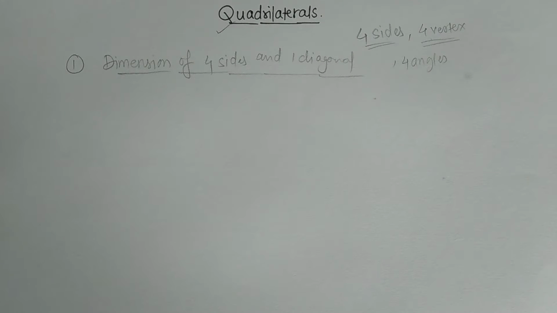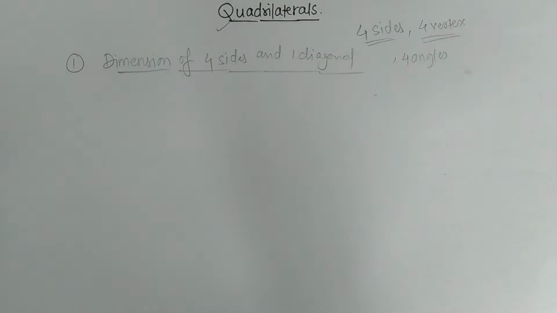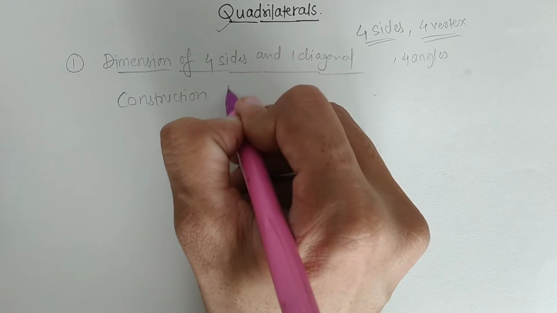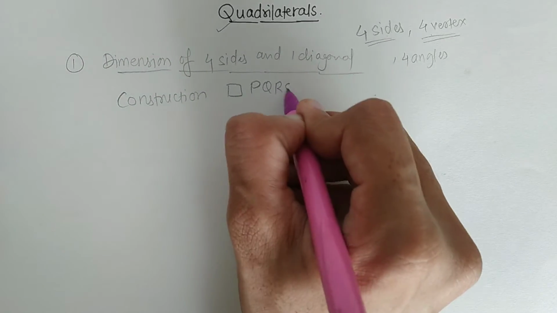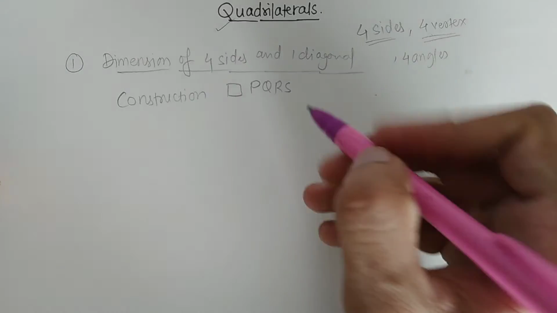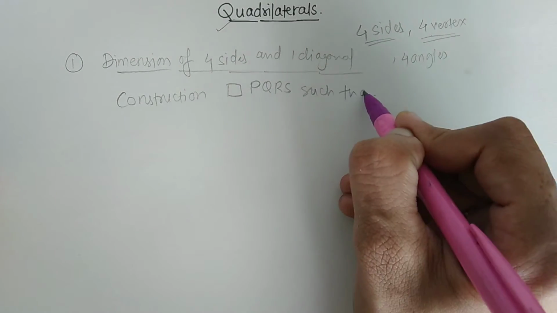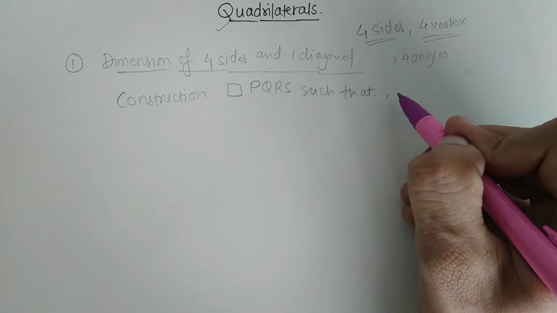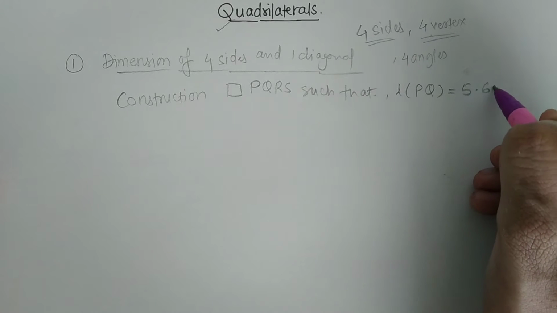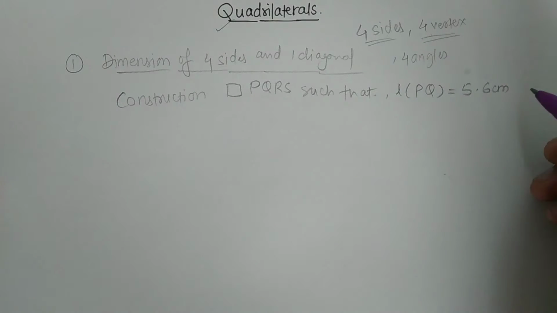Okay, we will take the question wherein we have to construct quadrilateral PQRS. Construct quadrilateral PQRS such that the length of PQ is given, 5.6 centimeter. Then the length of QR is 5 centimeter.